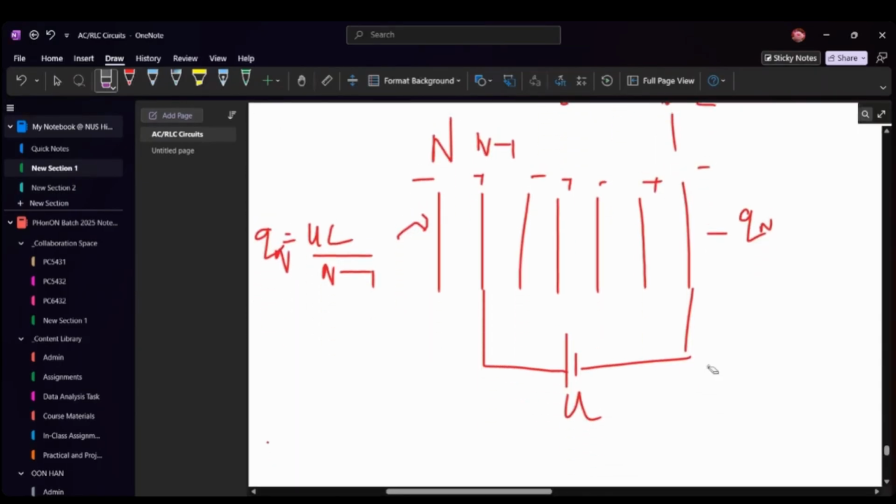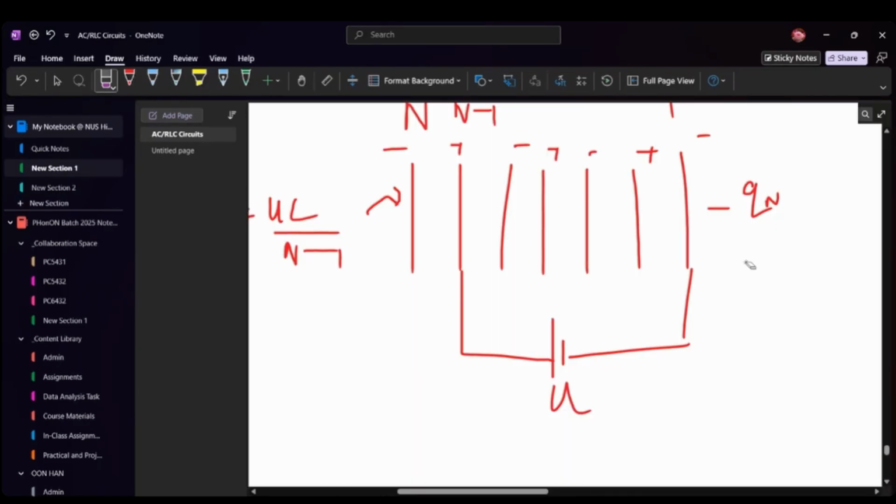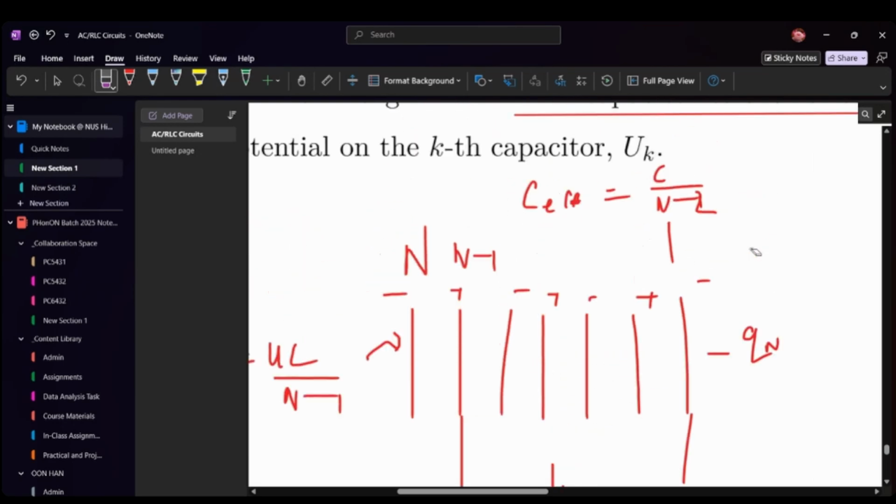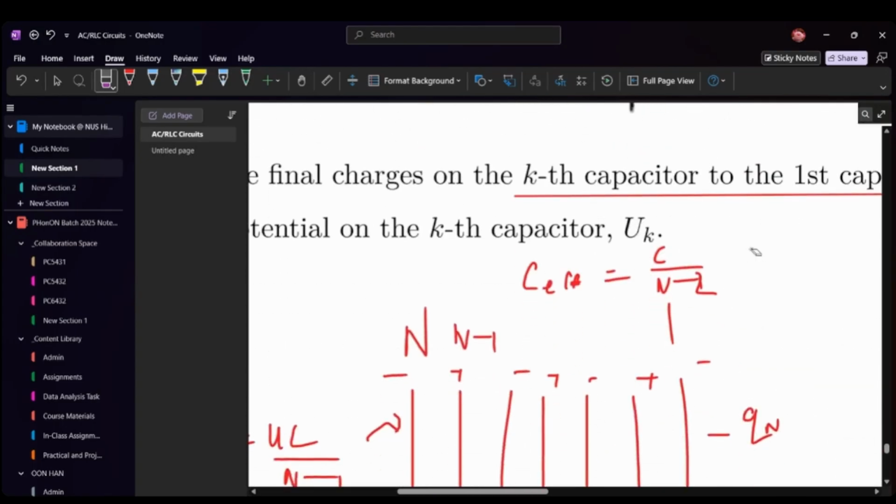Basically this time, you initially have this charge minus n here. Right, so let's carry this. Sorry, give me a moment to process this. I'm a little confused.